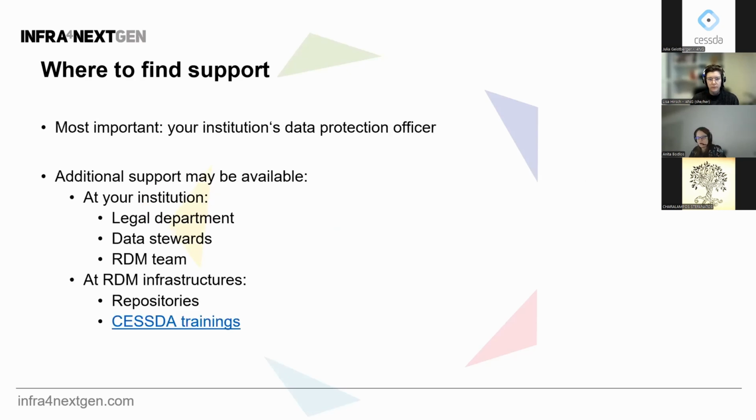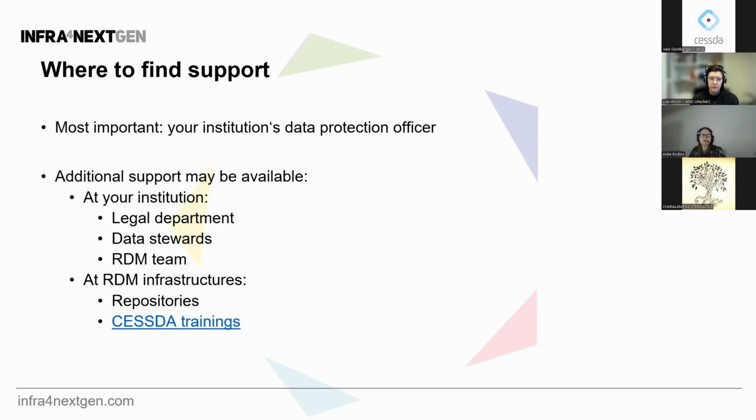So there are many rules and regulations and guidelines to follow. Where to find support? Most importantly, every institution has to have a data protection officer. This is the most important contact point for any questions on data protection. Additionally, support may be available at your institution.